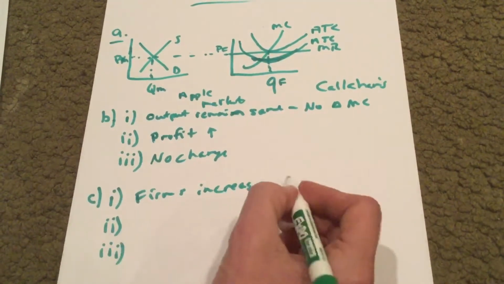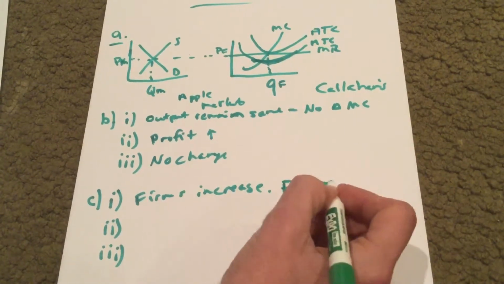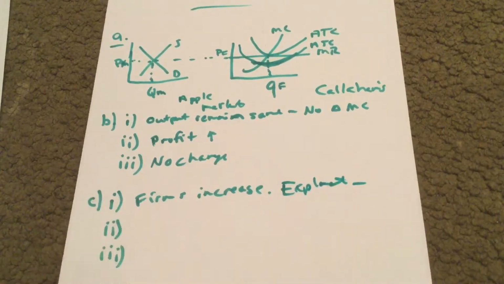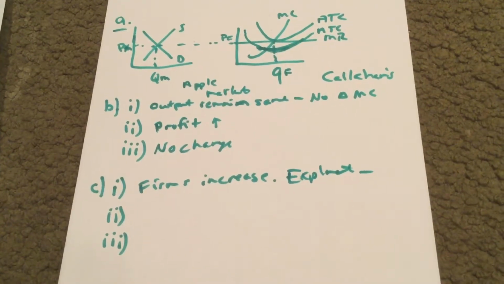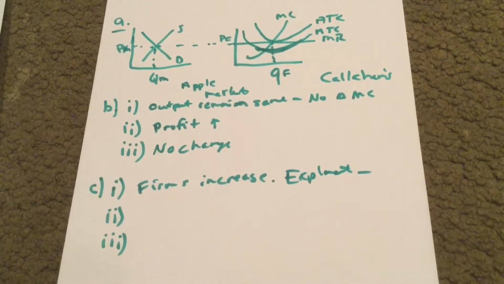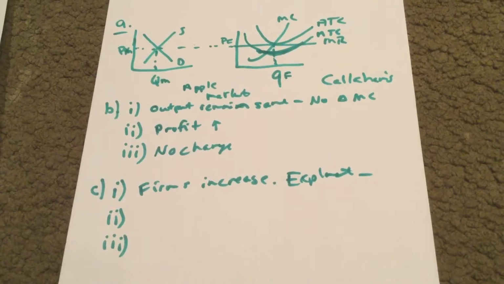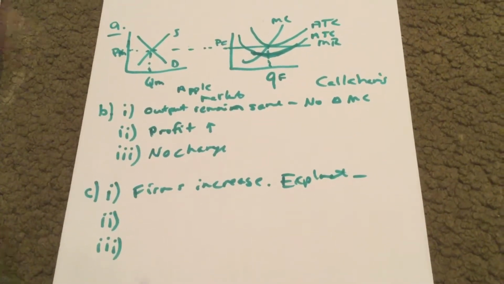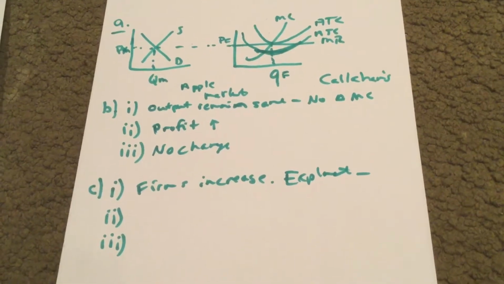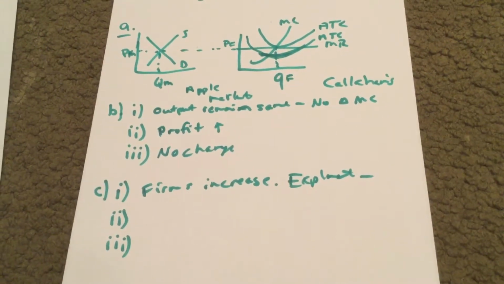So make sure you have that explanation. You could write that out in a few sentences, just that idea of profit leading to entry. And you might even note that in perfect competition, there are no barriers to entry. So firms would be not only motivated to come in, they're able to come in.